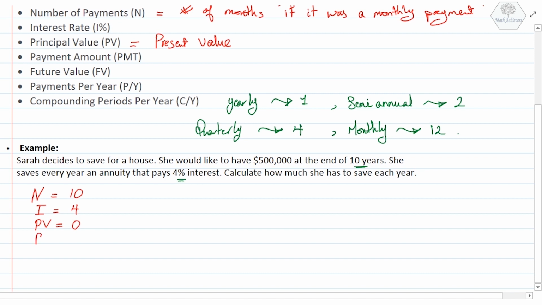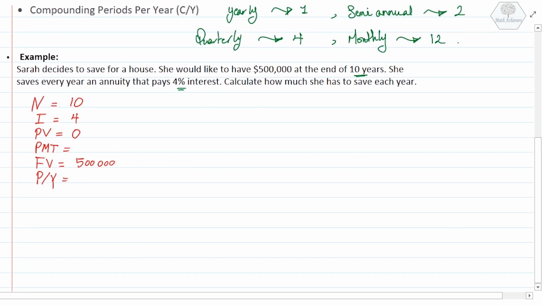And the PMT, the payment that she has to pay yearly, we have to figure out. The future value is equal to the amount she wants to have, which is 500,000. She will pay only one payment per year, so the payments per year is simply equal to 1, and compounding periods per year is also equal to 1.